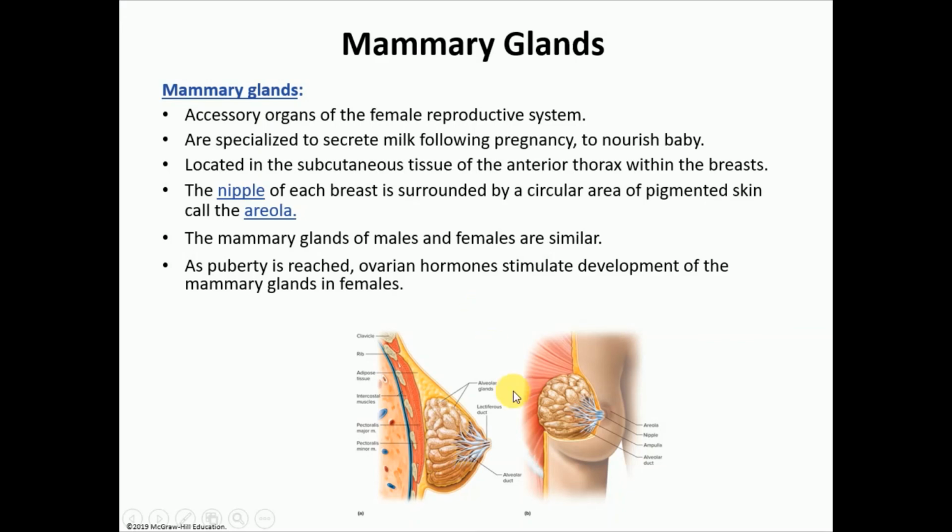There is the nipple where we'll find all of these alveolar ducts open up, surrounded by a part of the skin that is a little bit darker in color, and that is known as the areola. Like I said, the actual glandular tissue is present in both male and female. At puberty, the ovarian hormones, so estrogen and progesterone, stimulate the development of the mammary glands in females.